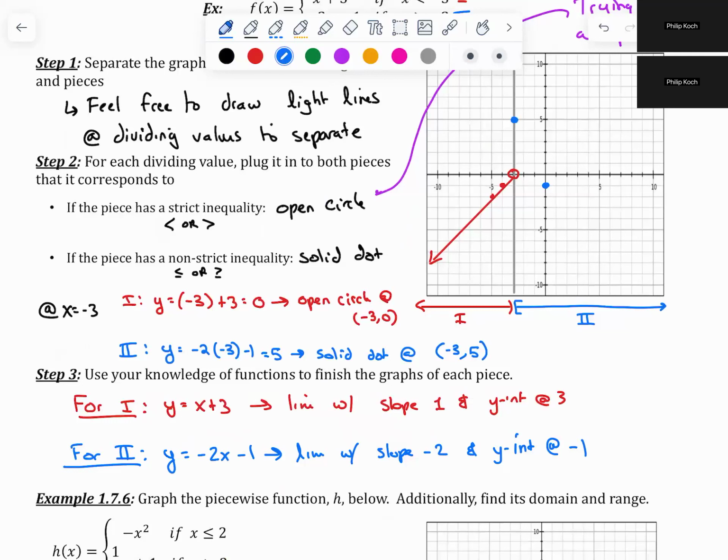So I can plot it and then just connect these two dots, or you don't even need to plot the y-intercept. You could just go down 2, right 1 to find another point and connect it. But either way, there you have it. And we've graphed it. Any questions on that?